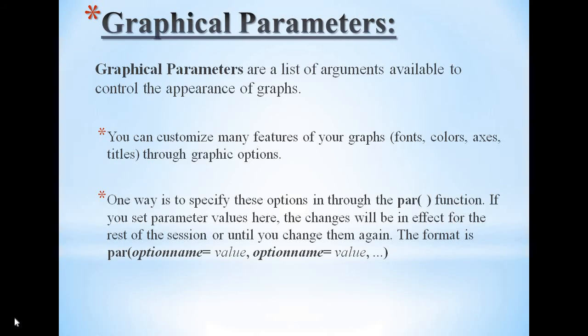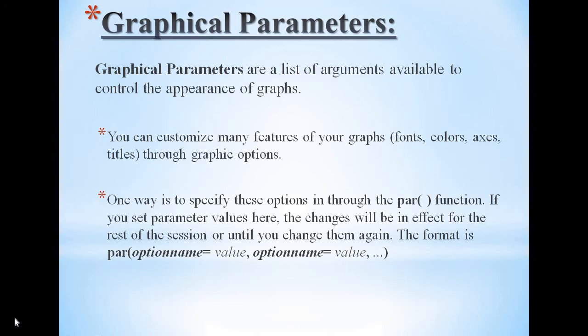So all these features can be customized using the parameters. One way to specify these options is through the parameter function. The parameter function is the PAR function. If you set parameter values here, the changes will be in effect for the rest of the session or until you change them again.